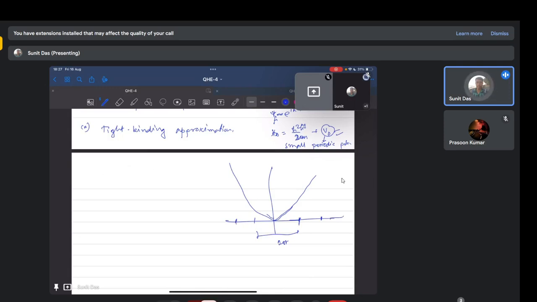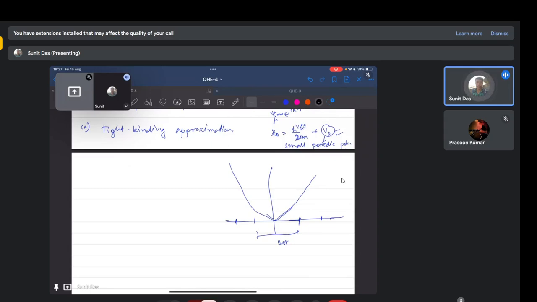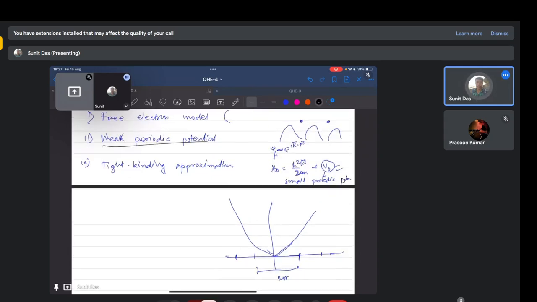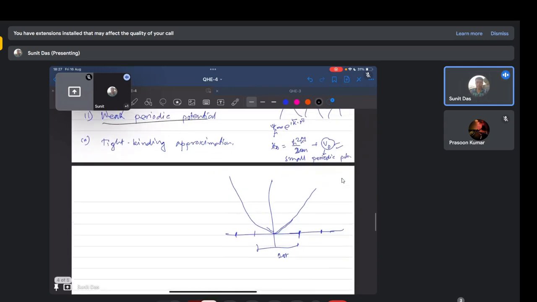But whenever you take into account whatever weak periodic potential in the Hamiltonian, you solve it perturbatively, you will find that up to the first Brillouin zone you have some dispersion, free electron like, and then there is a gap. So this goes like this, and then again it goes like this.